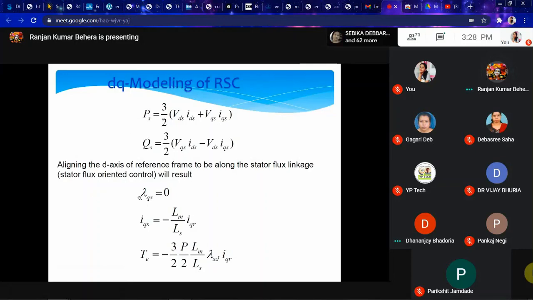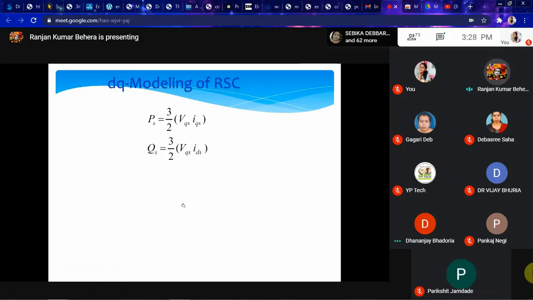You can see when lambda s is equal to 0, you take this stator reference frame. So we know the 3 reference frames. What do you mean by the reference frame? The reference frame theory is exactly like trains. For example, in the Howrah station, you are sitting in a train and your friend is also sitting in another train.